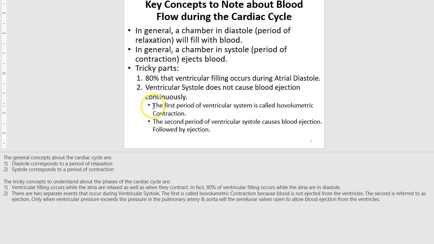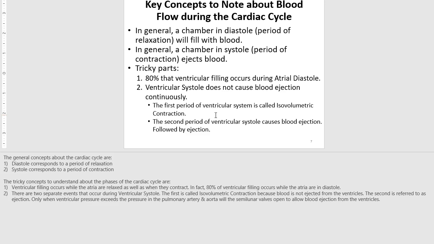Tricky part number two is that ventricular systole does not continuously cause blood ejection. There are two separate events that occur during ventricular systole. One is this first period called isovolumetric contraction, and that's when blood is not ejected from the ventricles.